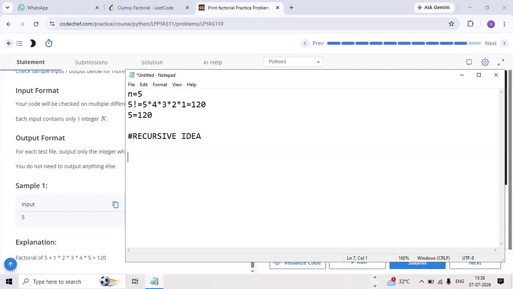First of all, understand the pattern. What kind of pattern does it follow? 0 factorial is equal to 1. 1 factorial is equal to again 1.